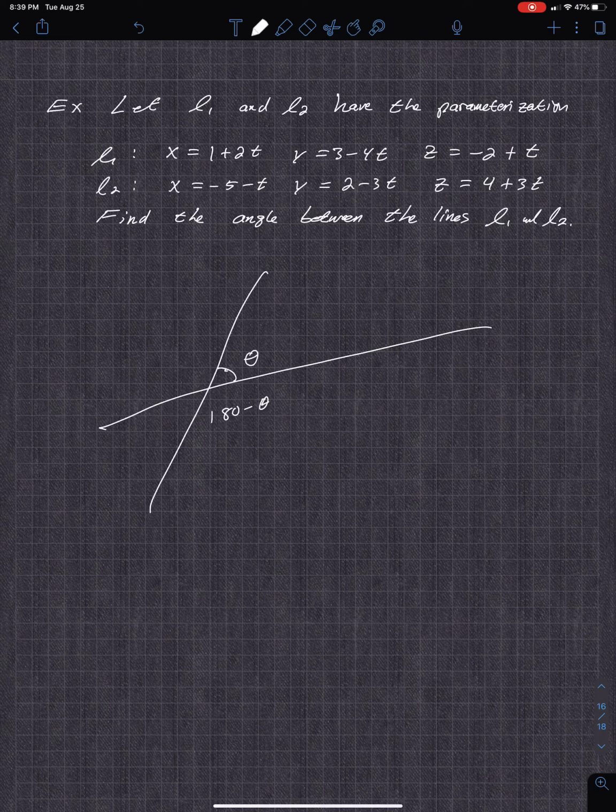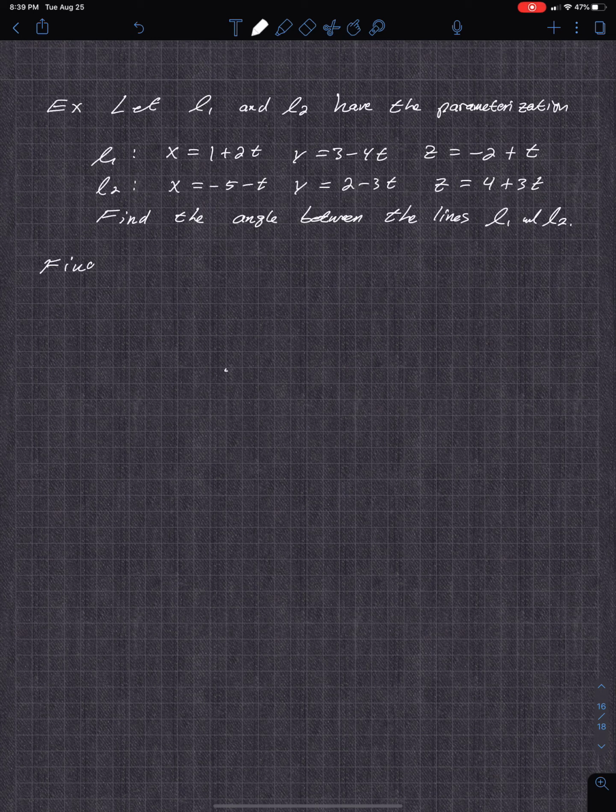So what you do then is find the angle between the direction vectors. So what we do is we find the angle between, I'll just say V1 and V2, those direction vectors. Okay, and then we're going to use our special formula.